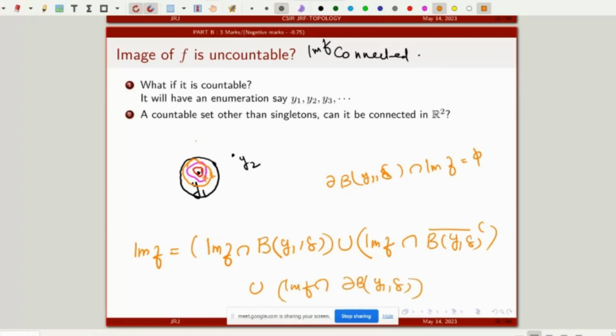Out of which this is empty, so we don't have to consider this side. This is an open set in R2, and this is also open in R2. So the image of F intersection A is an open set in the image of F, and the image of F intersection B is an open set in the image of F. So we are able to write the image of F as the disjoint union of two open sets, which will contradict the connectedness of the image of F.